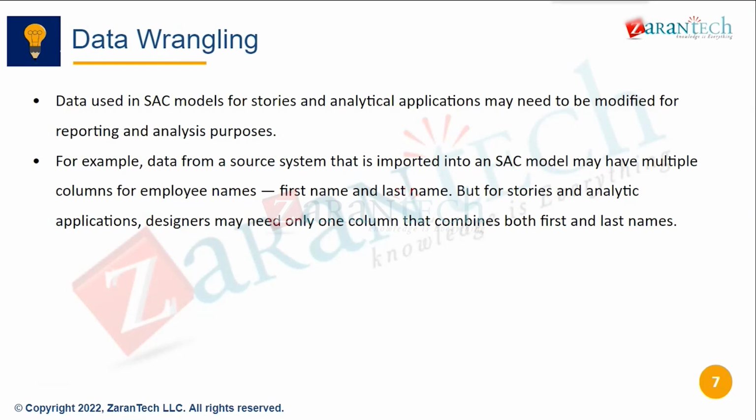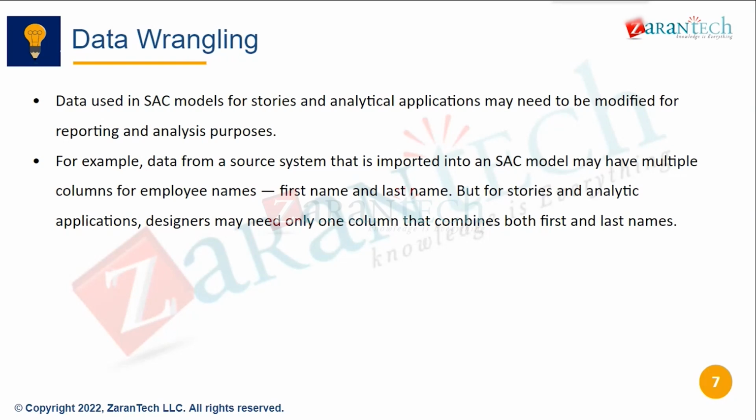Now, in the model, what is data wrangling? Data used in SSE models for stories and analytical applications may need to be modified for reporting and analysis purposes. For example, data from source systems imported into the SSE model may have multiple columns for employee names. Like there is one column called name, and you want to divide it into first name and last name.